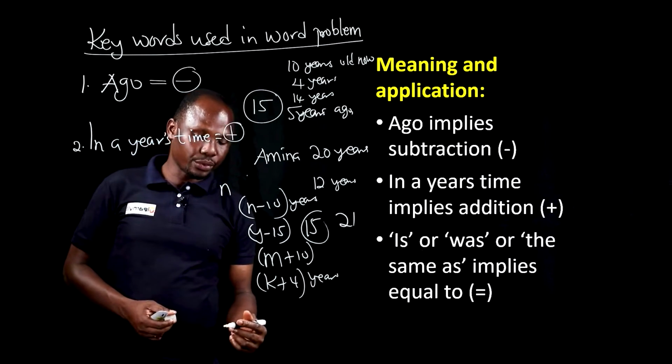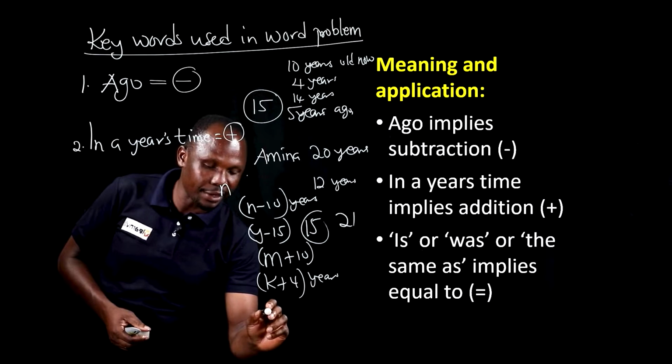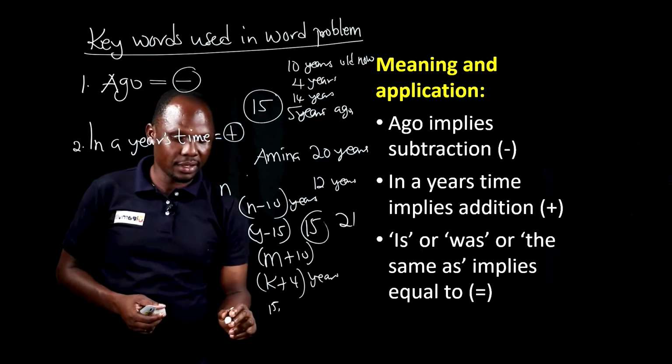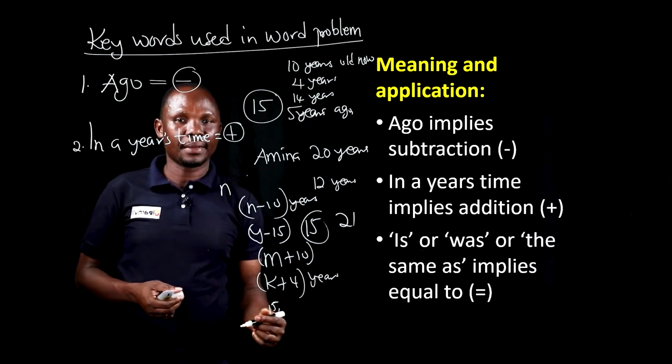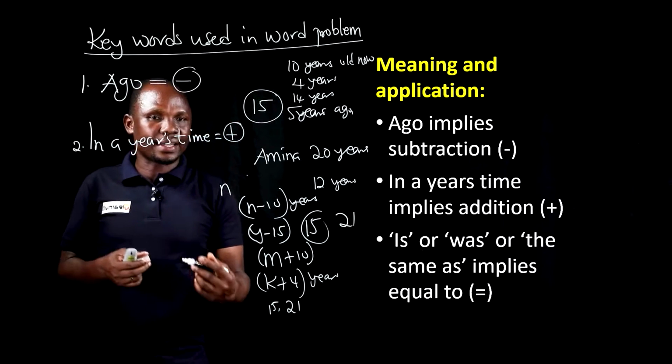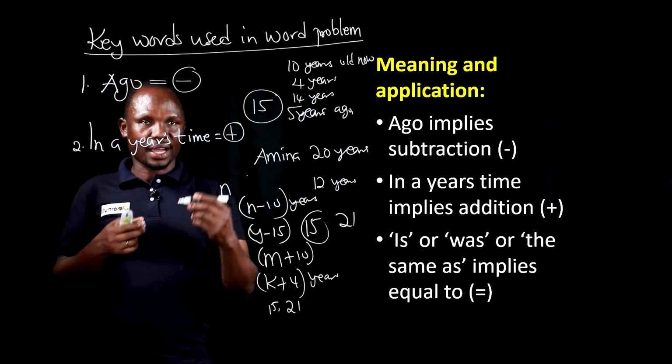If Ado is 15 years old now, in 6 years' time, Ado will be 21 years. So in a year's time means addition.